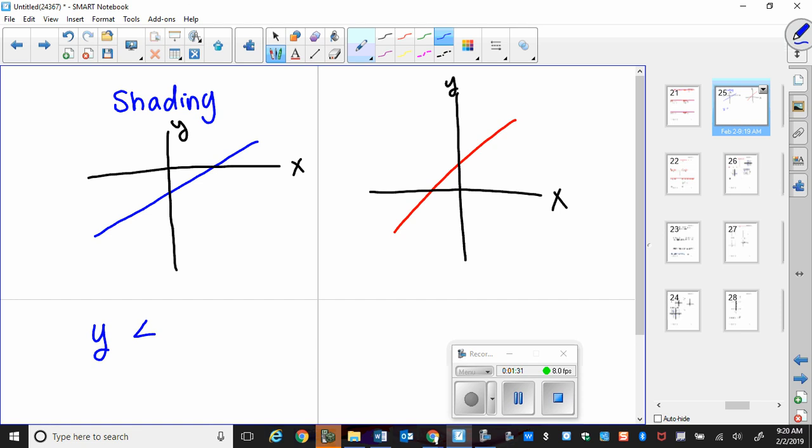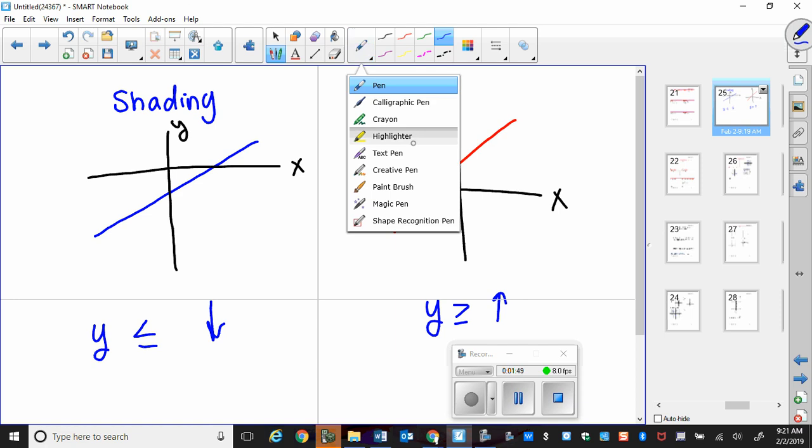What does that look like on this line? If you have y is less than, the y is by itself, then you're shading below the line. If you have y is greater than or equal to, you're shading above the line. So it looks like this.